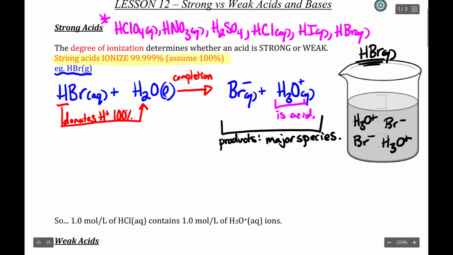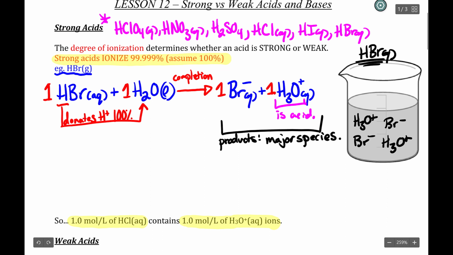The big thing is, when I put a strong acid in water, it ionizes 100%. For instance, if I had a 1 mole per liter concentration of HCl, it would contain 1 mole per liter of H3O+ ions, because when you balance this stoichiometrically, it is a 1-to-1-to-1-to-1 ratio.